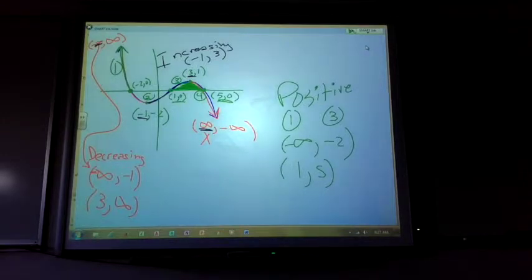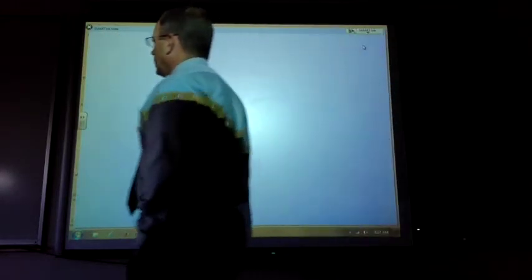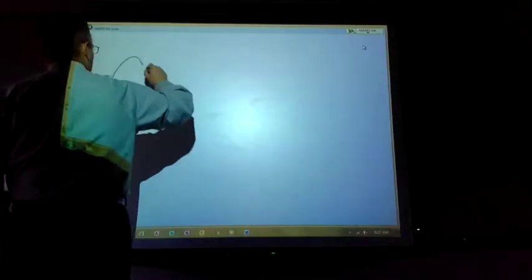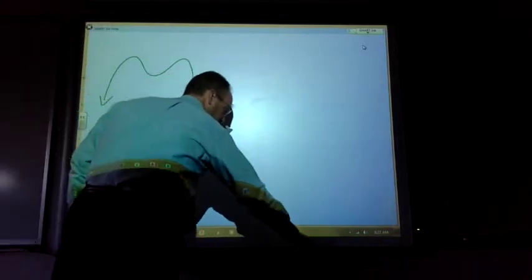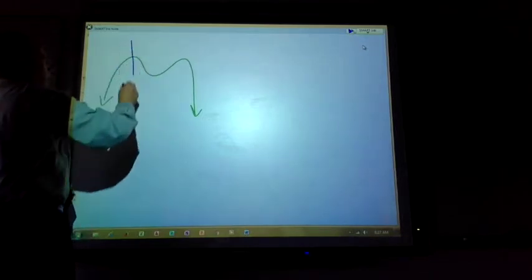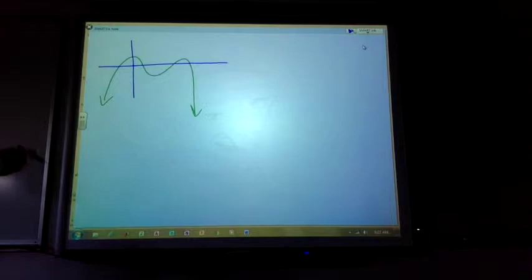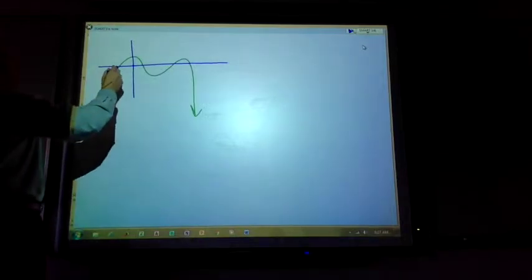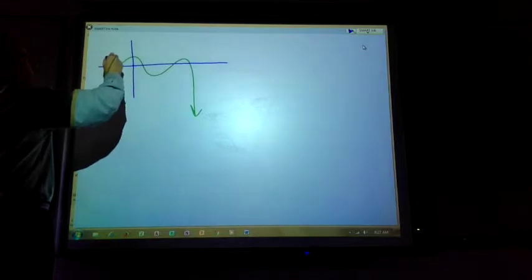Should I do one more of these, or are you okay? One more? Okay. So let's say I had this. You okay with this so far? Let's draw in the XY axis. And let's call that point -1, 0.